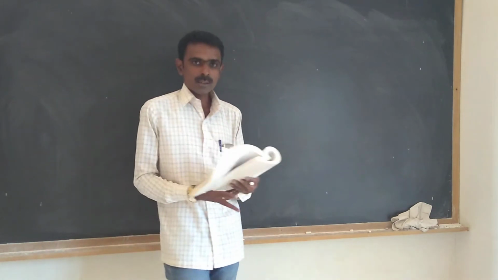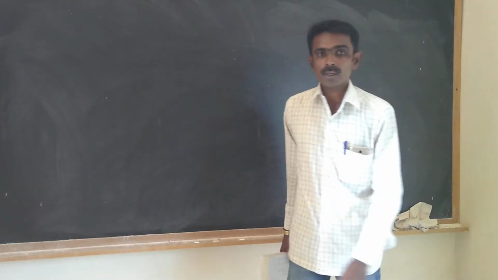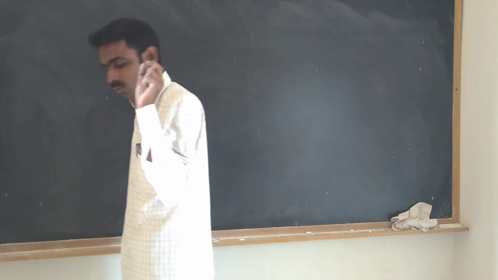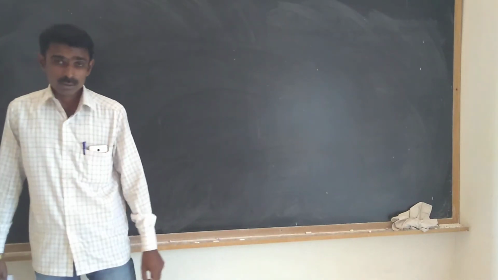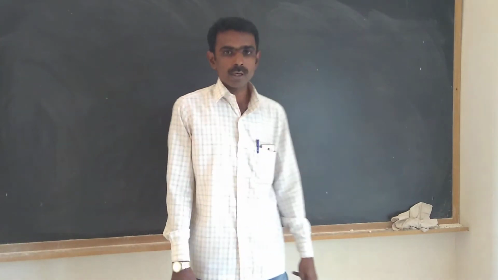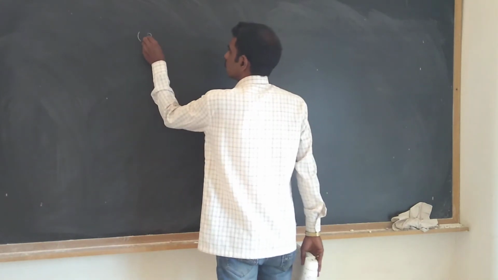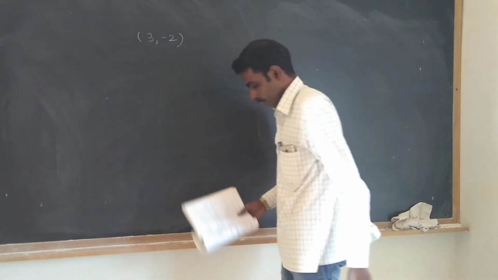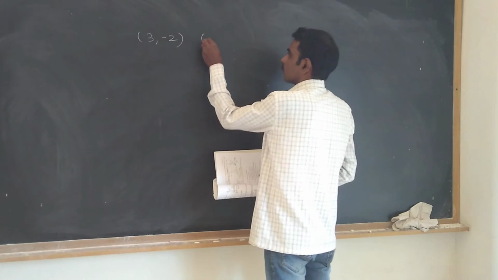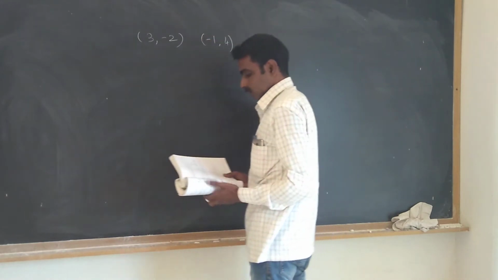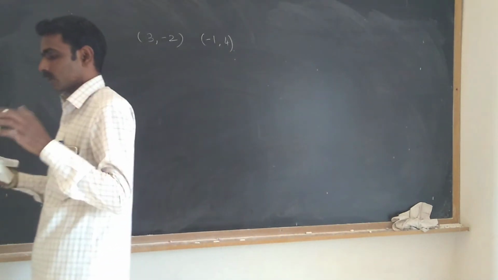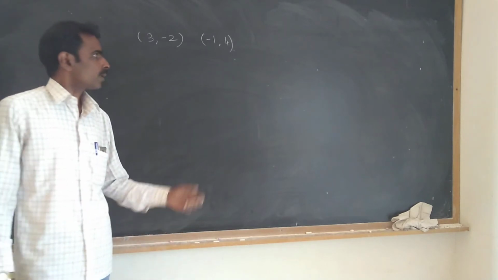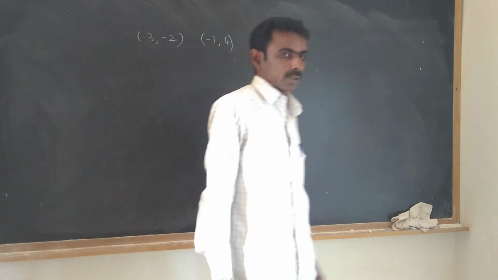The first one is: find the slope of the line joining the 2 points (3, -2) and (-1, 4). So these are the points which are given to you.